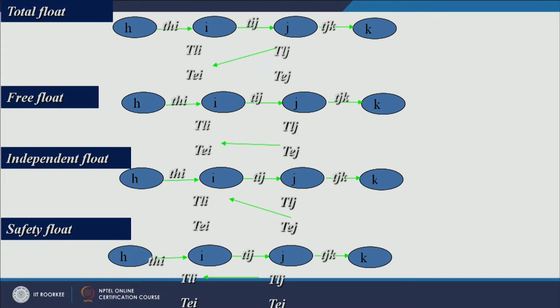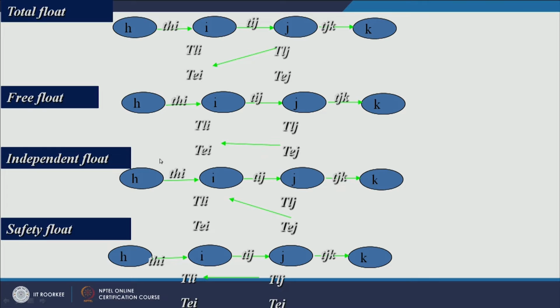You just look at the TL of this event minus TE of this event minus duration, you are done. Free float: TE of this, TE of this, you have to look at only earliest start times. So, TE of this minus TE of this minus duration, you will get free float.